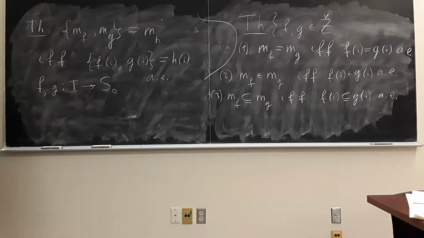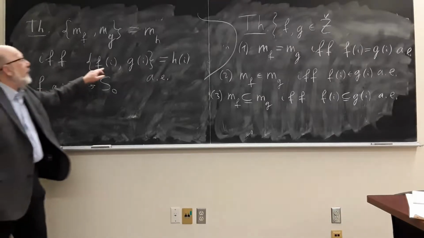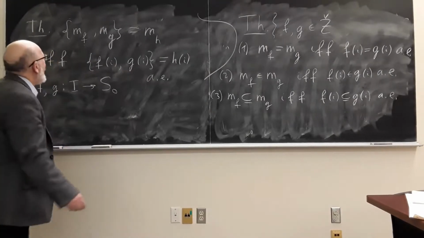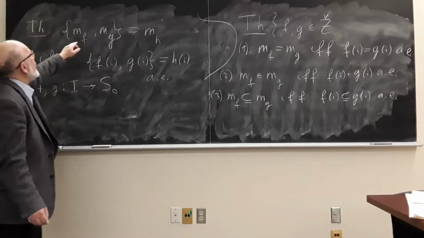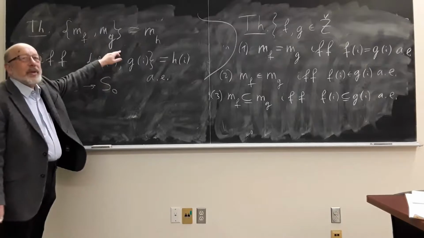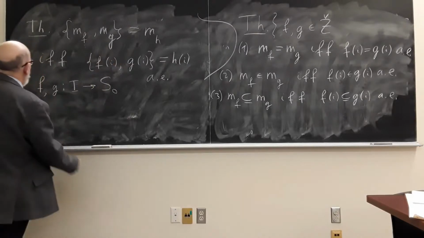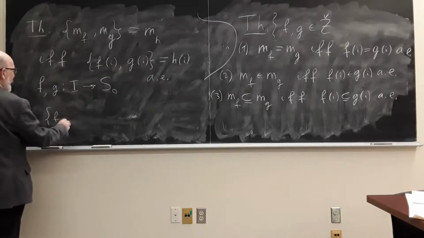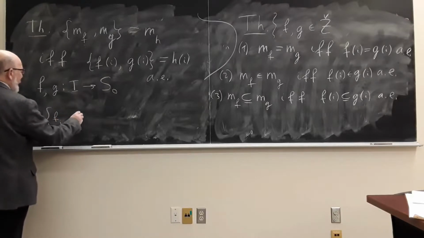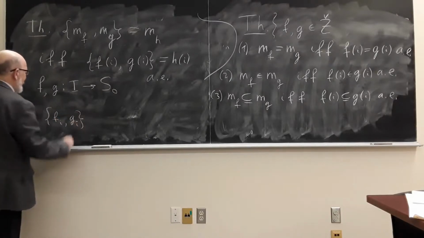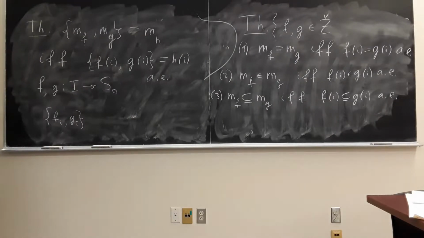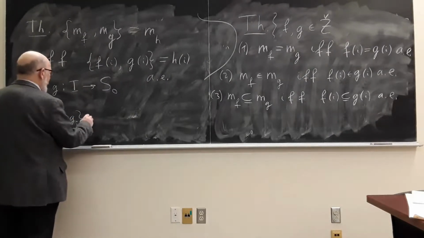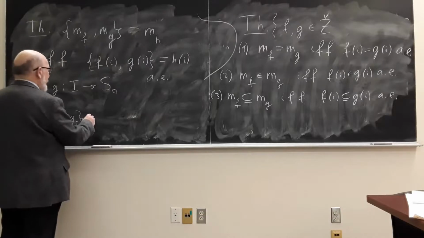And now consider, so what is the pair? It is MF, MG. We have to consider the pairs f(i), g(i), and we have such h that they are in it.